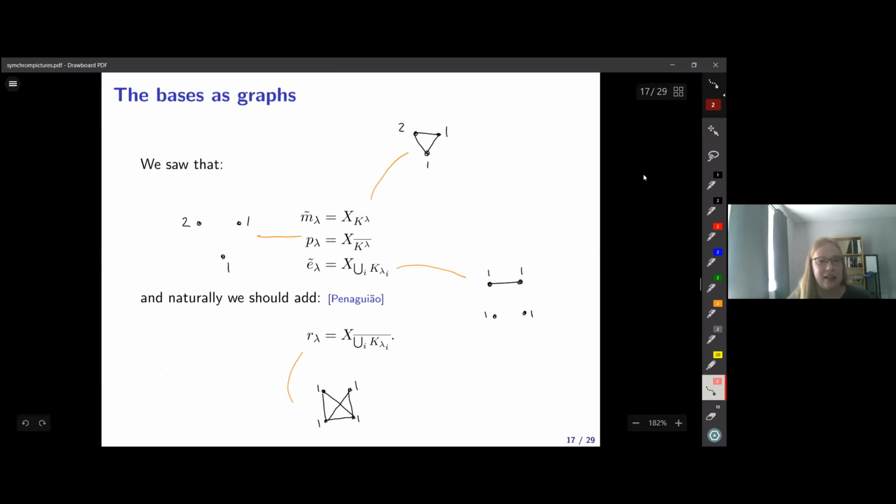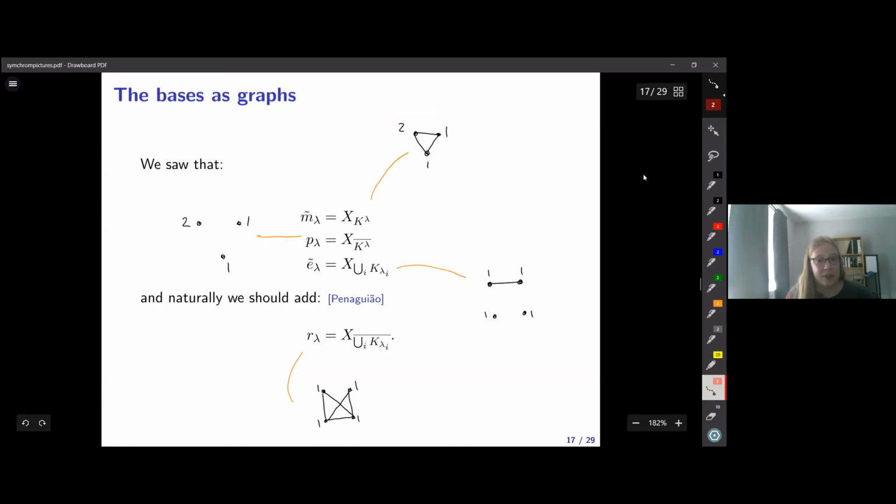Also, I said that the M's and the P's are graph complements, and there's something going on here where it feels like we have 3 sides of a square, because we have stable sets with weights, complete graphs with weights, and then disjoint unions of complete graphs, and clearly we should have the complements of these, right? If we have the M's and the P's, then the complements of the E's should be somewhere, and it would have been really nice if it was the forgotten basis, but it's not, as far as I know.